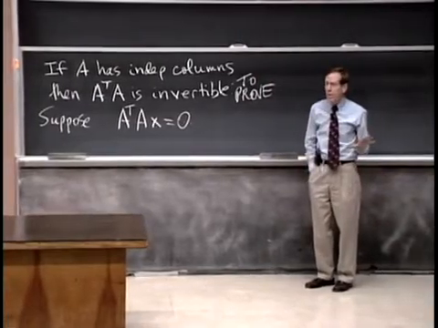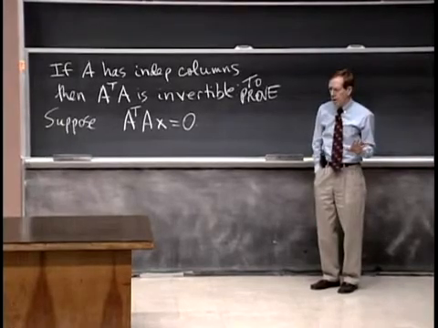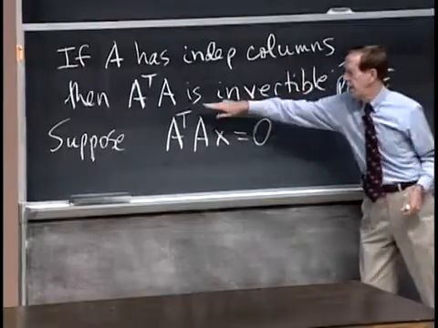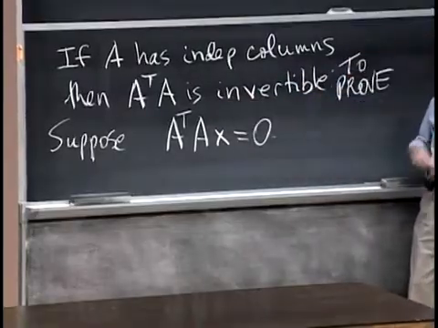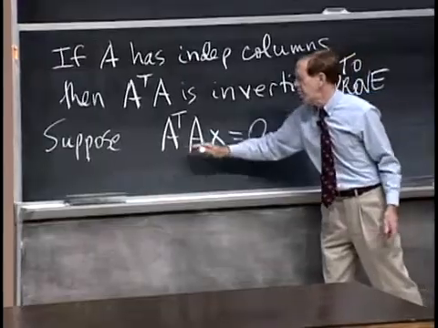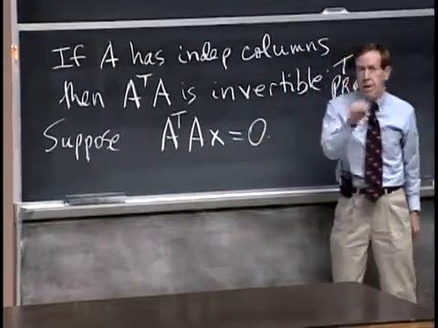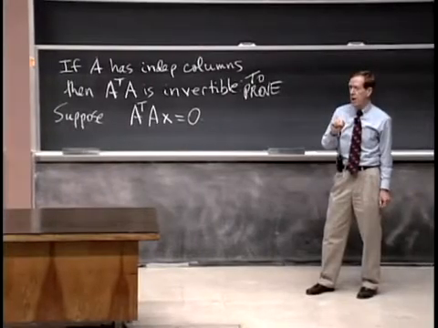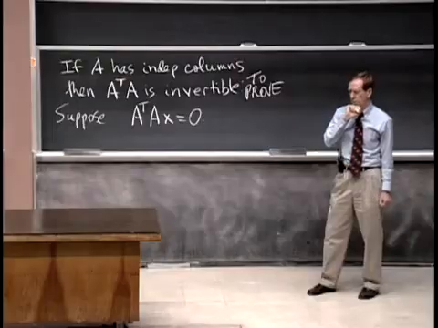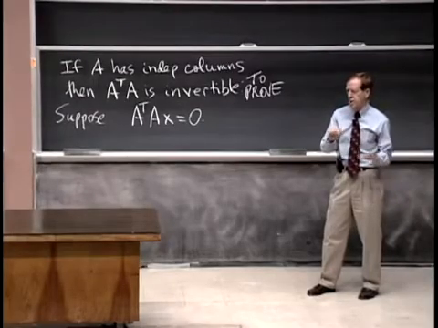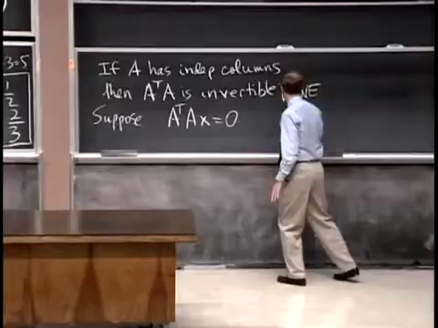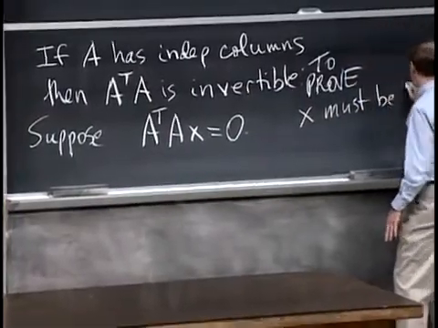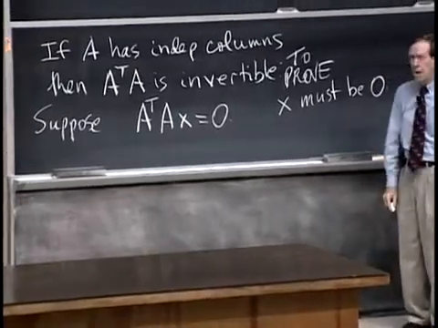So what do I want to prove now? I'm aiming to prove that this matrix is invertible. Okay, so if I suppose A transpose A x is 0, then what conclusion do I want to reach? I'd like to know that x must be 0. To prove x must be the 0 vector. Is that right?